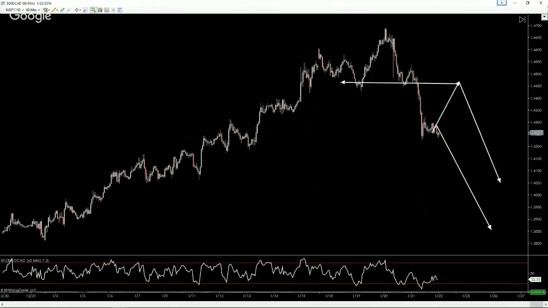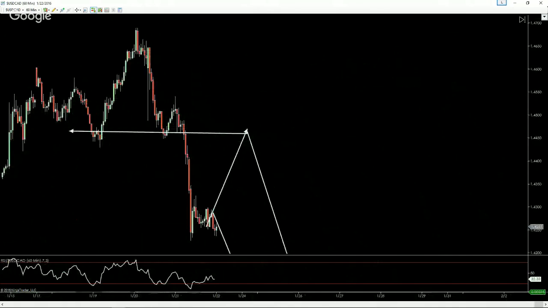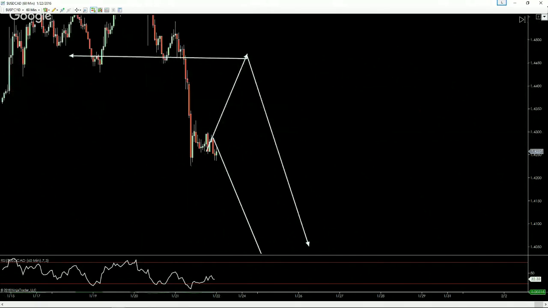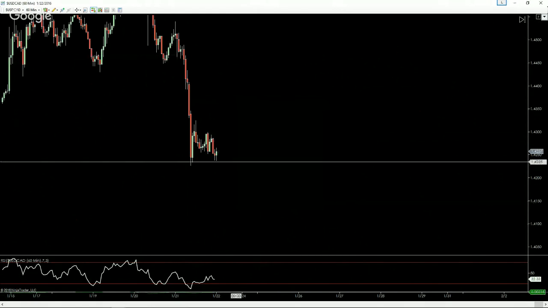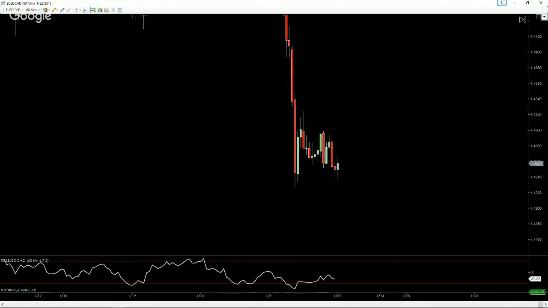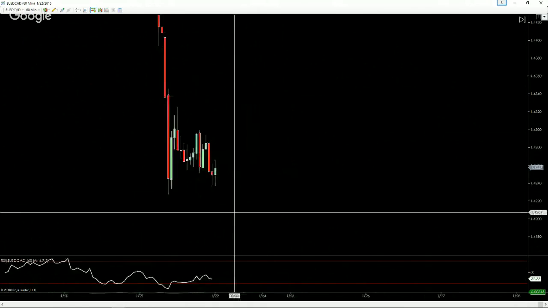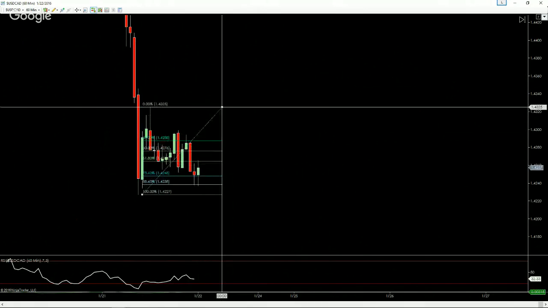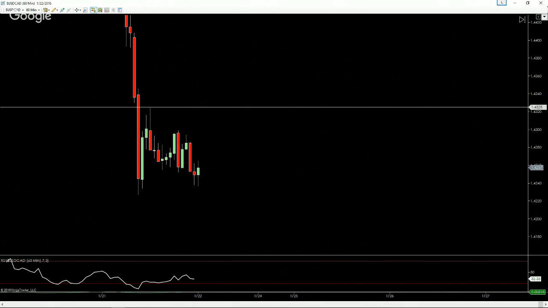Let's get this smaller. All right, now let me just take all these out real quick. Now there is this tiny pattern right here. This is probably a 15-minute pattern.